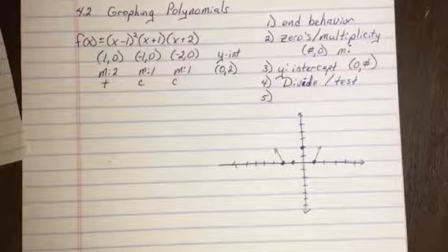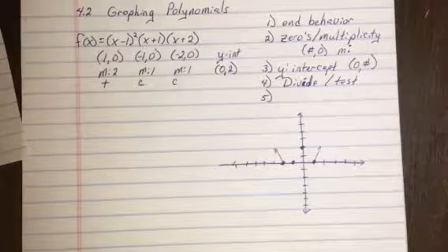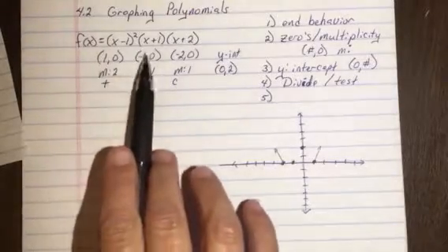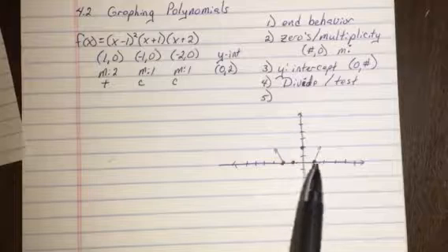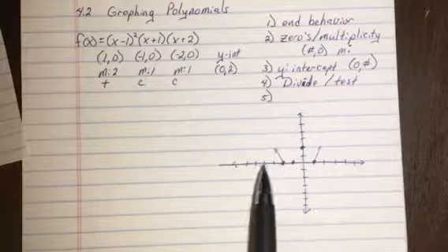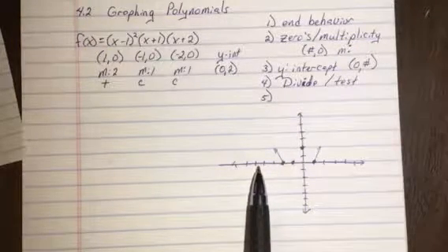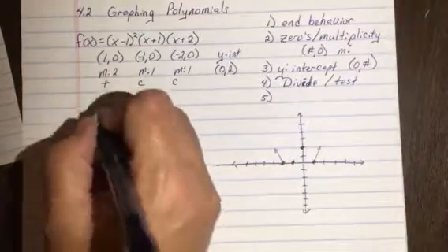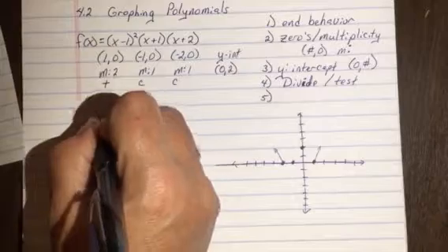And I need test points to left and right of each of my zeros. So I need one to the left of negative 2. Okay, so I'm actually going to bring this down.